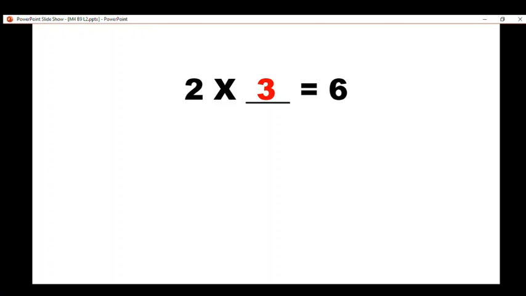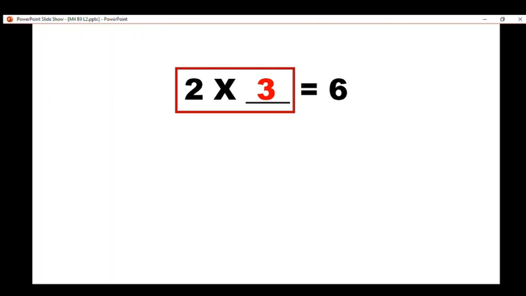How did you find out the missing number? Very good. By dividing 6 divided by 2 or doing the multiplication table.